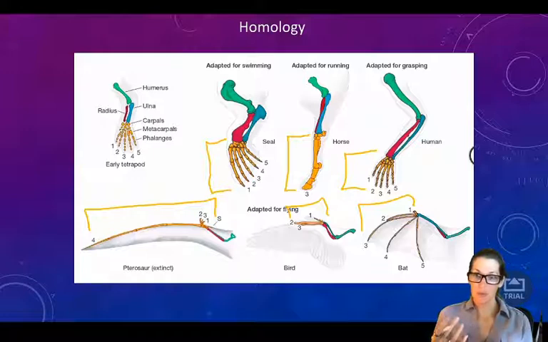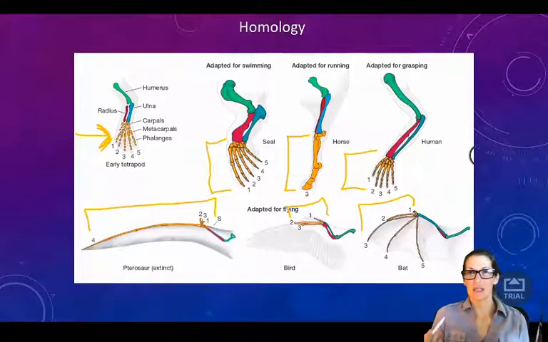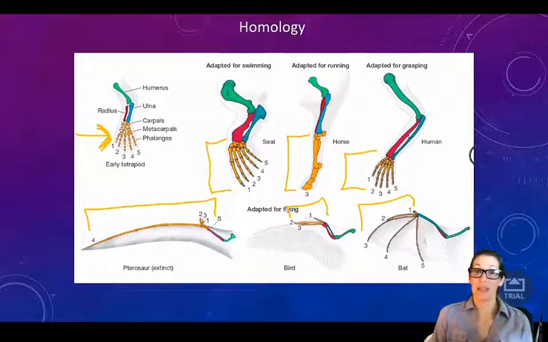Same bones, but in each of these species, that original structure, which we can deduce what an early tetrapod probably looked like based on its descendants, the arrangement of these bones has been changed, adapted for what served that species best.